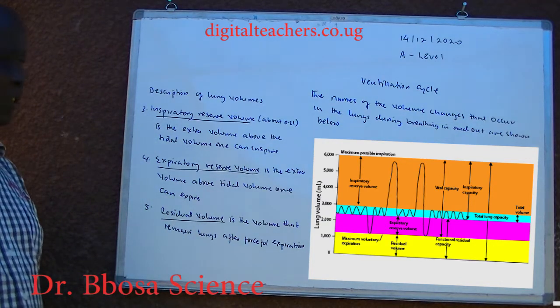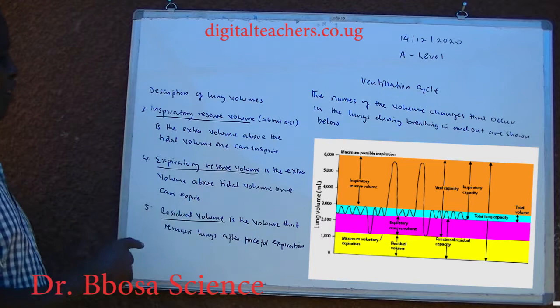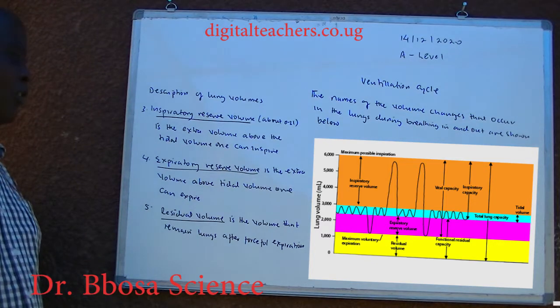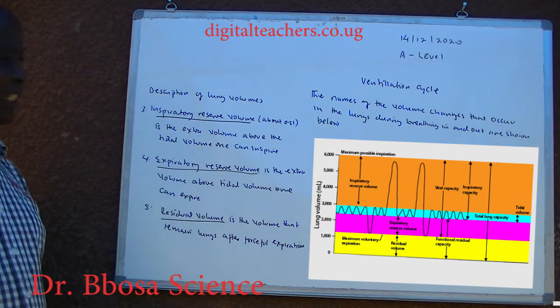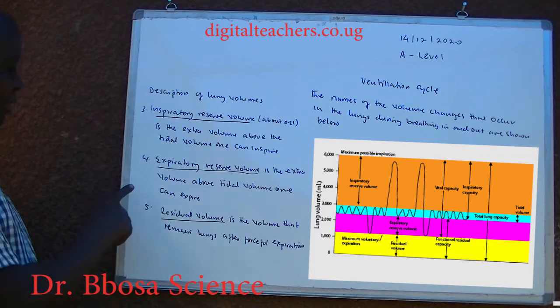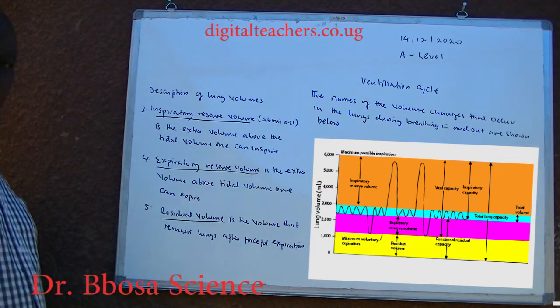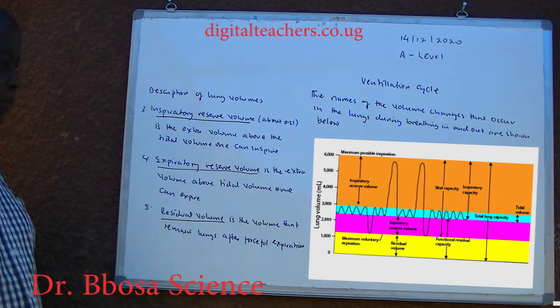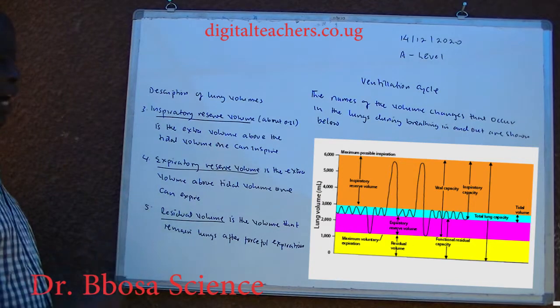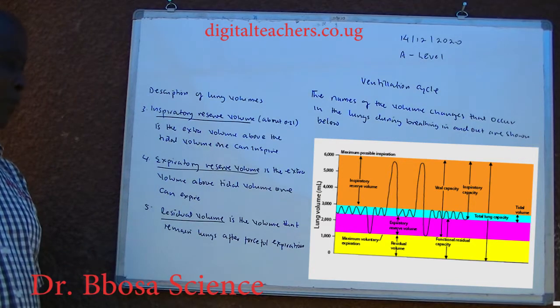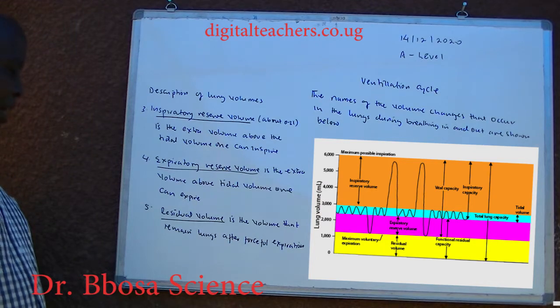Inspiratory reserve volume is the extra volume above the tidal volume one can inspire. 4. Expiratory reserve volume is the extra volume above tidal volume one can expire.